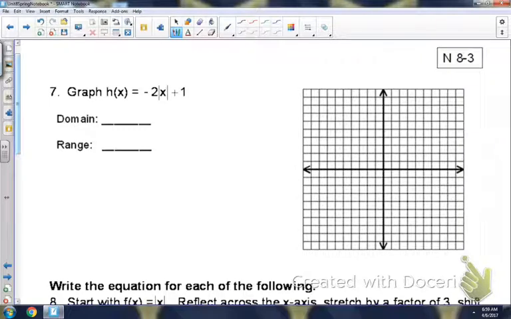Alright, so looking at 7, this is absolute value, so we should have a V on our graph. Let's write down our transformations. The negative in front reflects it. Remember, that just changes the y value sign. Then the 2 is a stretch. Notice inside the absolute value bars, there's not a plus or a minus.